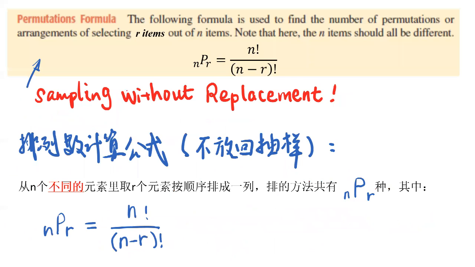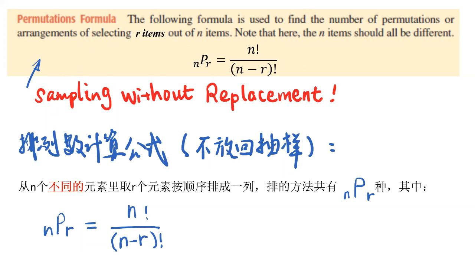Okay, so let's make a summary. The following permutations formula is used to find the number of permutations or arrangements of selecting r items out of n items. Note that here the n items should all be different. That is, Pnr equals n factorial over n minus r as a whole factorial.